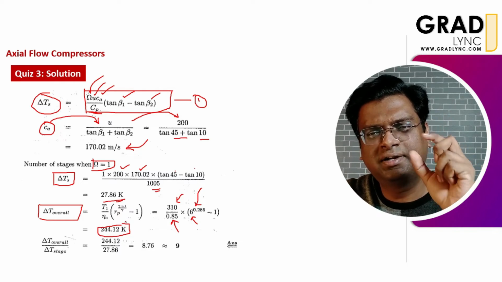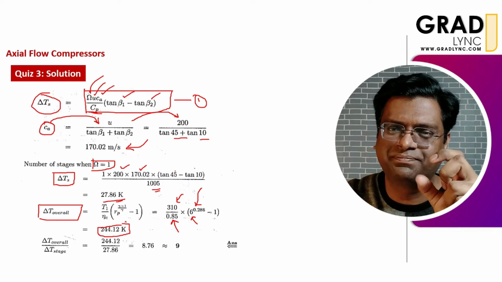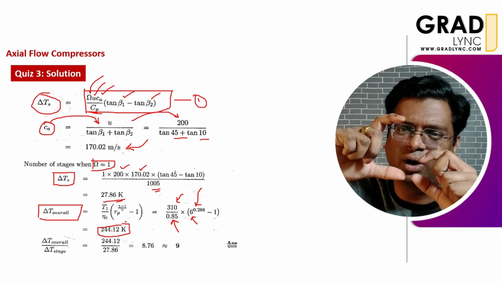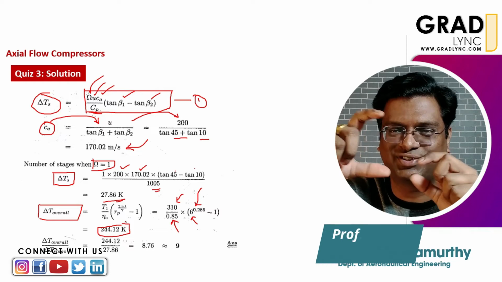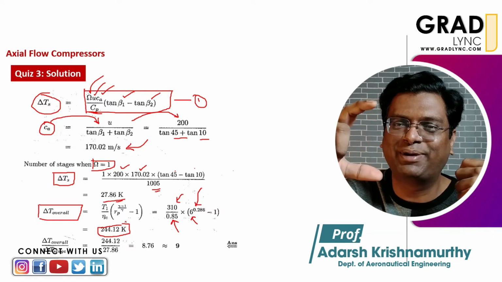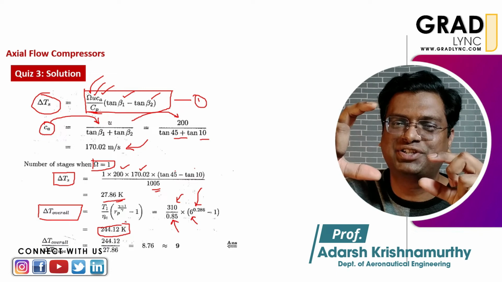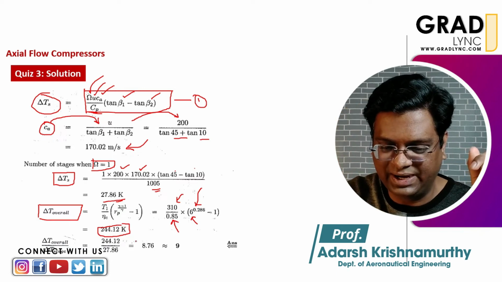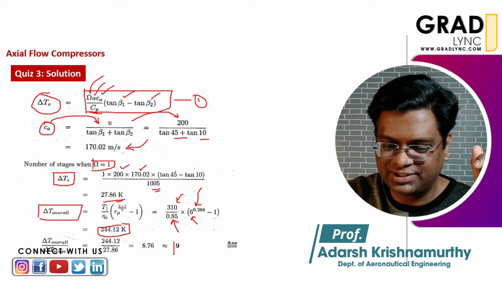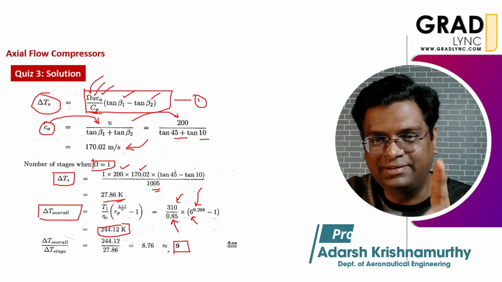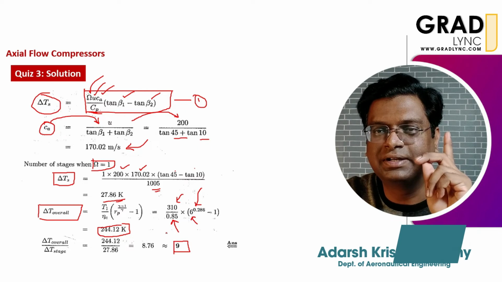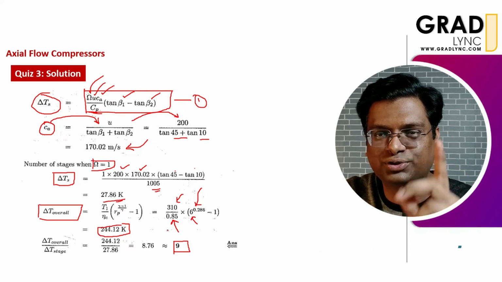I know the rise in temperature for one stage, and I know the rise in temperature for the overall stage. Right? So what are the number of stages? You just have to divide the total temperature rise by the stage temperature rise. Right? So I get the total number of stages roughly as about 9. Right? 9 stages of compressor blade rows are present.